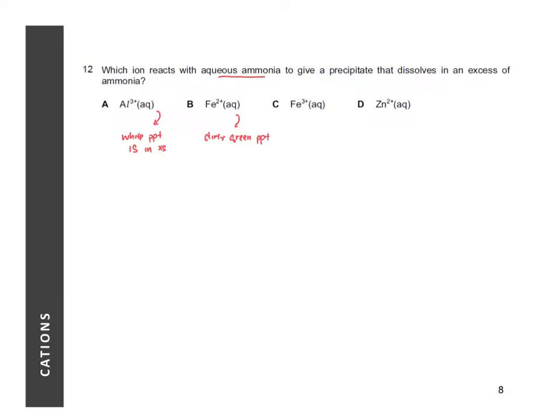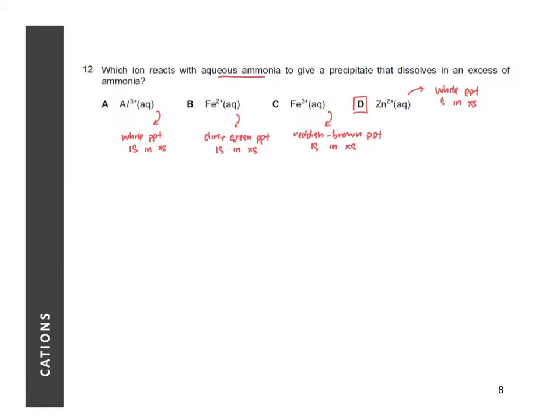Again, it is insoluble in excess ammonia. Iron 3 will give a reddish brown precipitate. Again, insoluble in excess. Zinc will give a white PPT that is soluble in excess aqueous ammonia. So the correct option is D.